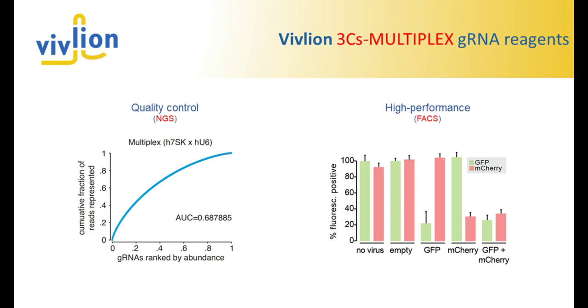And if we do that with the GFP alone virus and then wait a couple of days and then go to the FACS to basically see what is the percent of fluorescent positive cells, we see with the GFP only library we only target the GFP expressing. And if we do that with mCherry, we of course only reduce mCherry, while in the combination of GFP plus mCherry, we target both genes within a single cell simultaneously, demonstrating or suggesting functionality here.